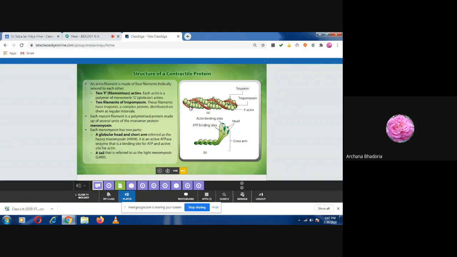G is for globular. These round units that you can see are the globular actins. So the F filament is made up of this. One is this one and another one is this one. So how many F filaments are there?